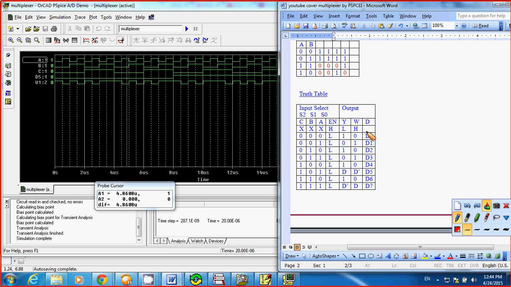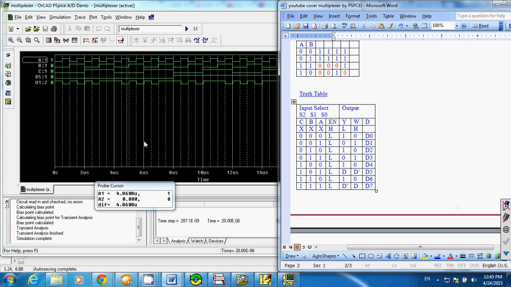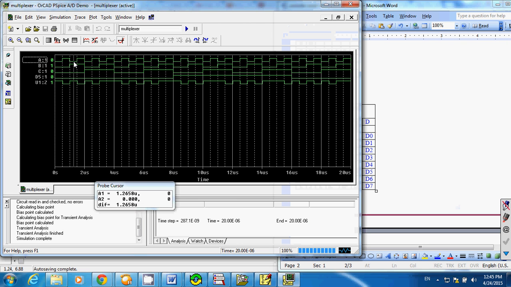Or at the address D0. Now where is the 0, 0, 0? Well, you look at this one, 0, 0, 0. This is input ABC.